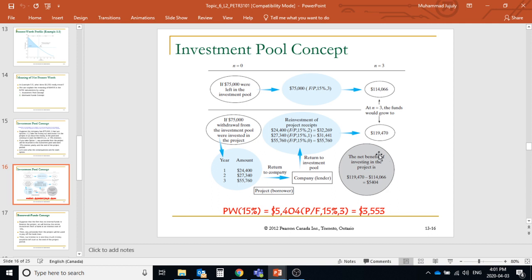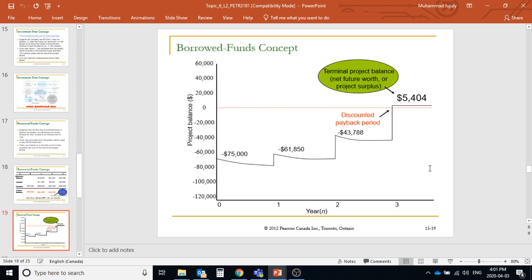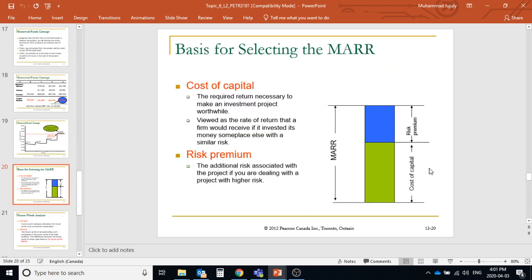That means this is the net benefit of investing in the project. That means the project is viable, and this is the main concept of the investment pool. Okay, so we also went through this, so I'm not explaining much in here. So these problems are very, very important.